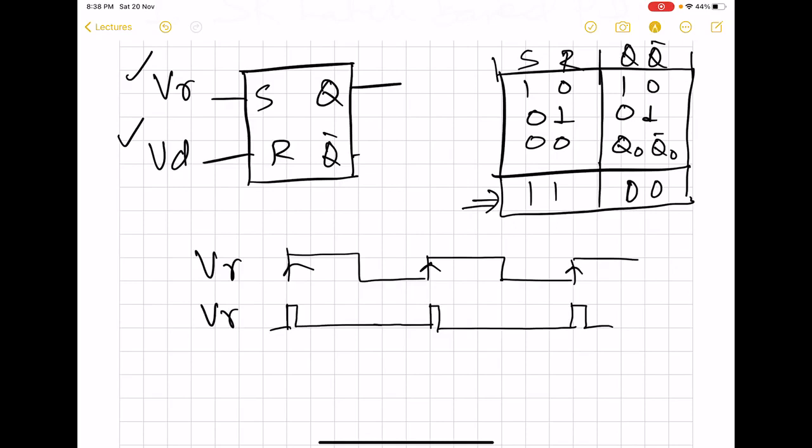So what actually will be fed is say VRP and DRP. These kinds of pulses will be fed. And this is done just to avoid this 1-1 input condition. And if we use this condition, we will be able to detect phase error only from 0 to pi.